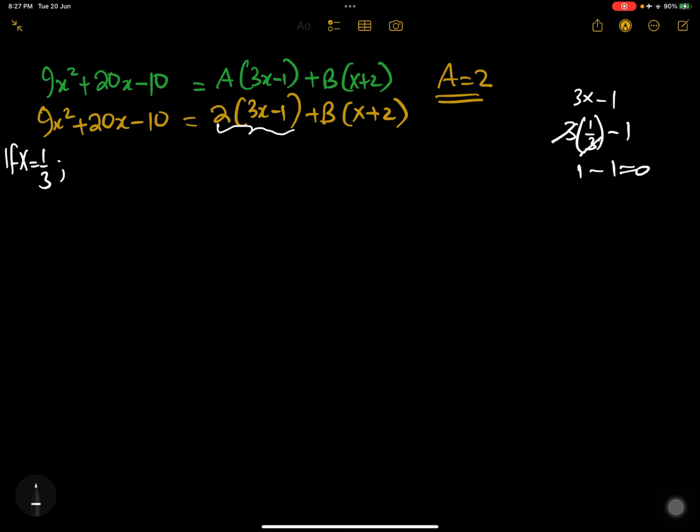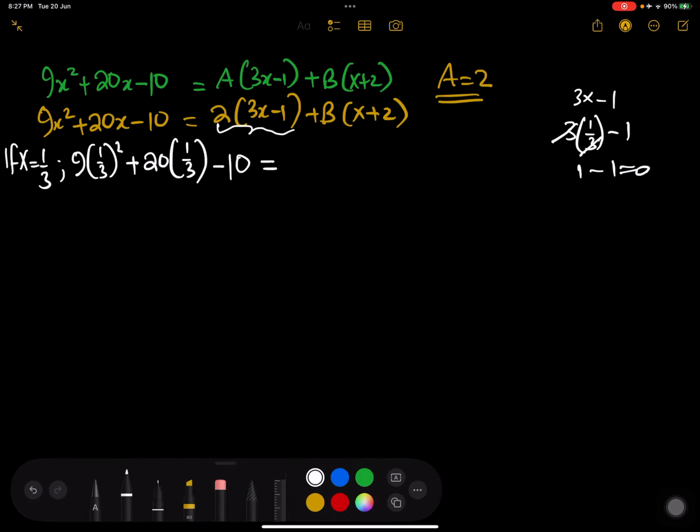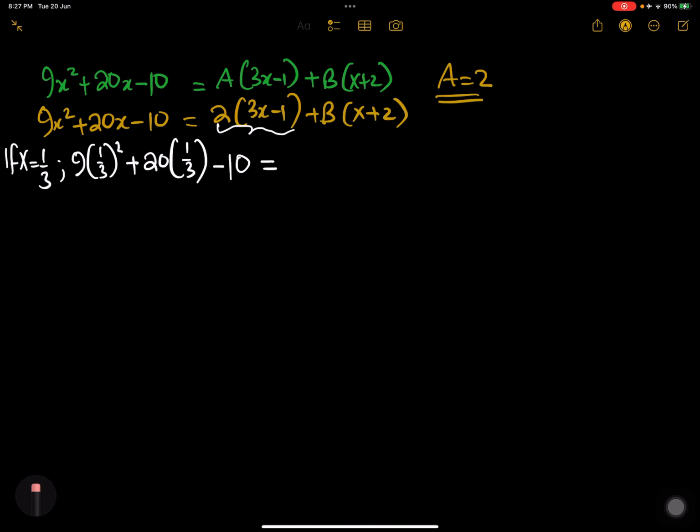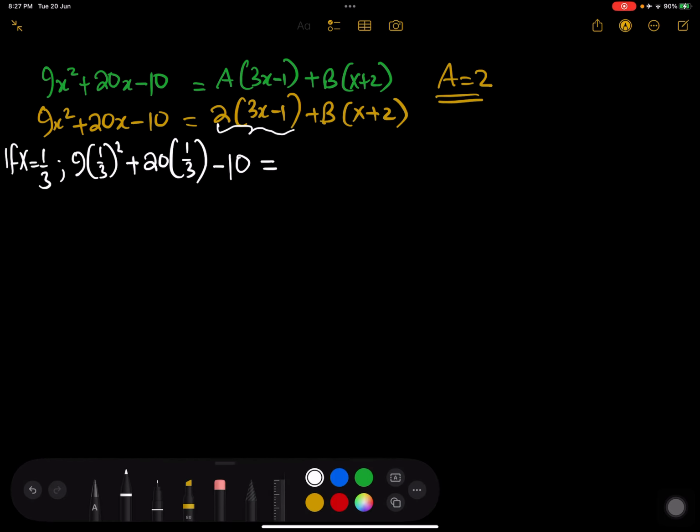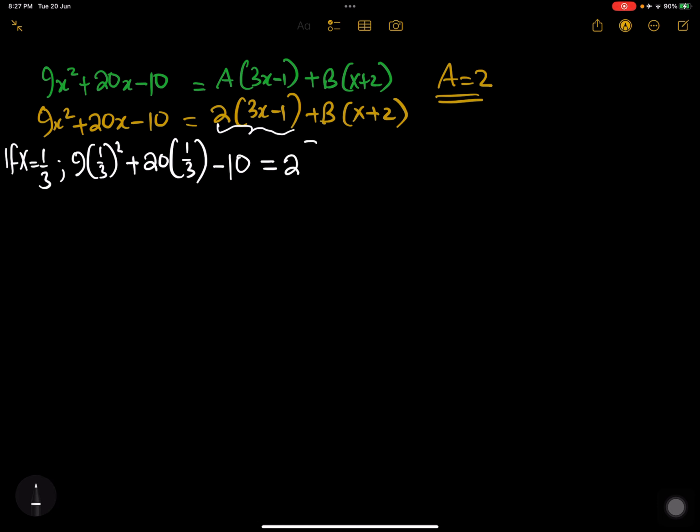And then we're going to plug it in. We're going to have 9 into 1/3 squared plus 20 into 1/3 minus 10 is equal to the right-hand side. And now on the right-hand side, we are going to have 2 into 3 times 1/3 minus 1, close the parentheses, plus b into 1/3 plus 2, like this. Why 1/3? Because the 1/3 is the x right there.